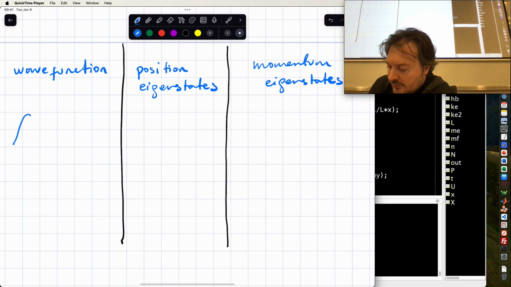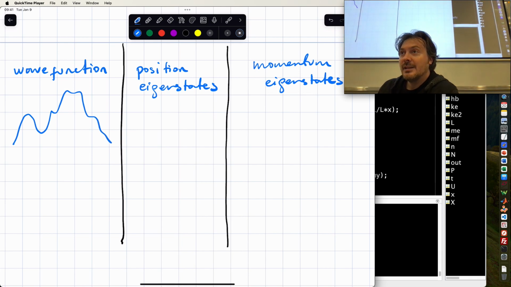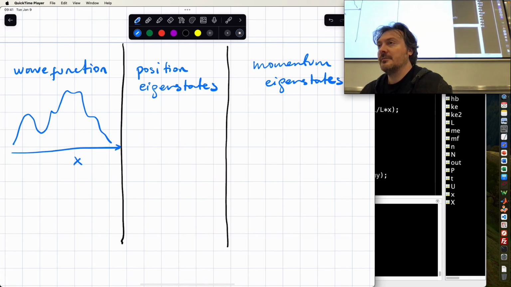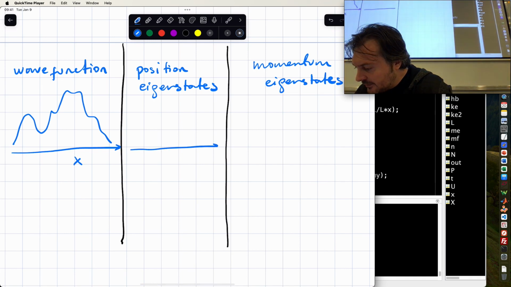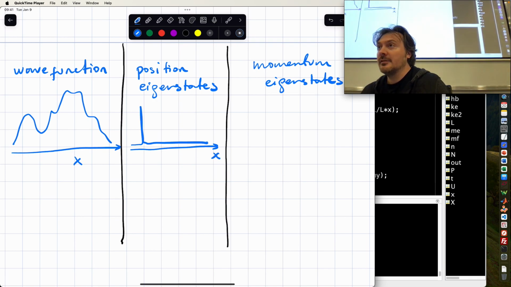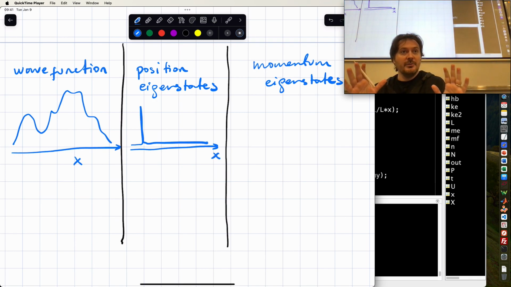So your wave function looks like this. And when I say it looks like this, what I'm plotting is in x, right? When I'm plotting it over here, position eigenstates, I'm plotting this in x. Are you following?